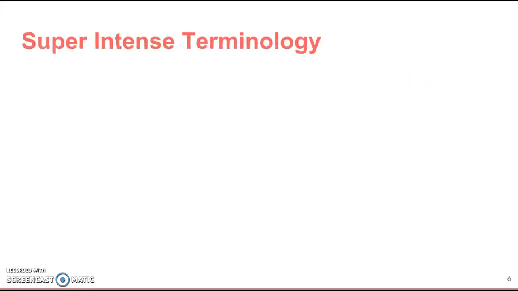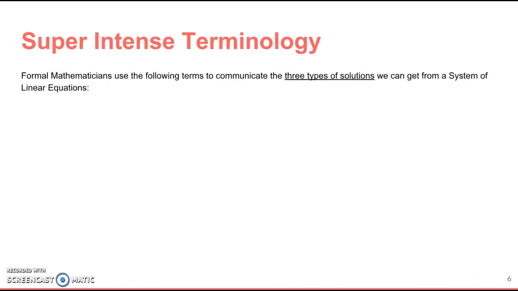So here is some super intense terminology. Formal mathematicians use the following terms to communicate the 3 types of solutions that we can get from a system of linear equations. You can get 1 point, like our first example. This is called an independent system of linear equations.